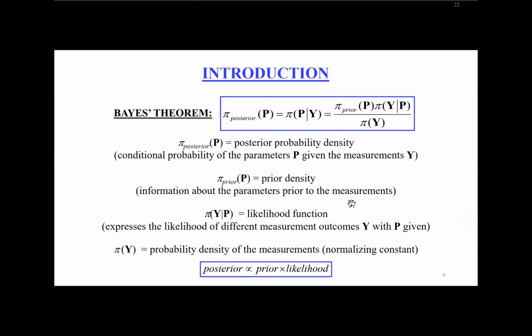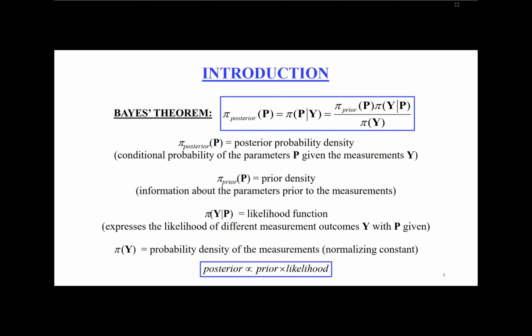The prior distribution is the statistical model of the information available about the parameters before the measurements are taken, while the likelihood is the statistical model of the measurement errors, which also represents the conditional probability of the measurements Y given the parameters P.